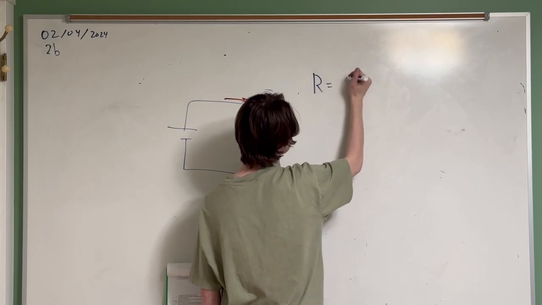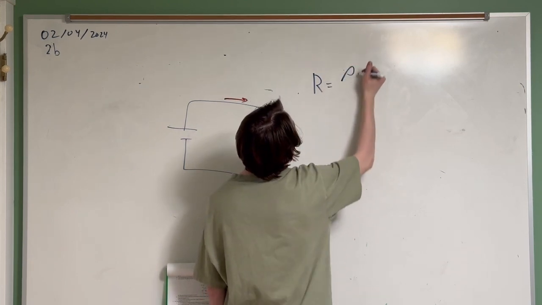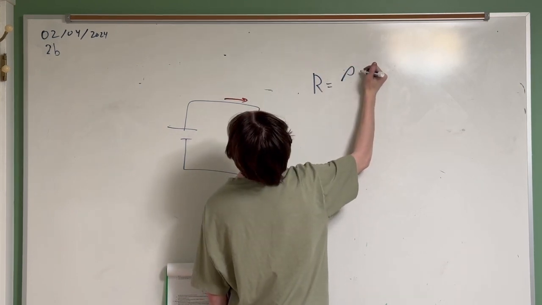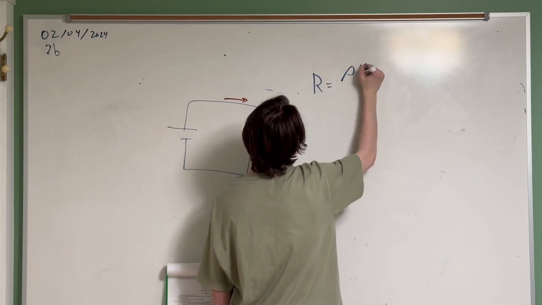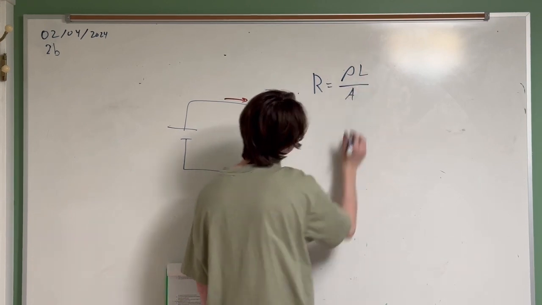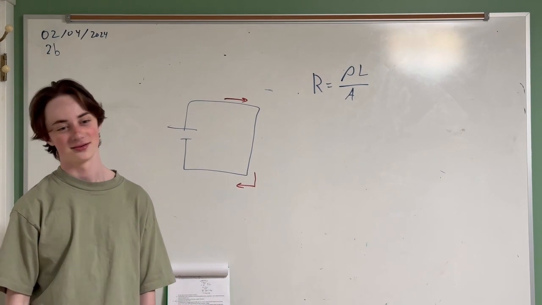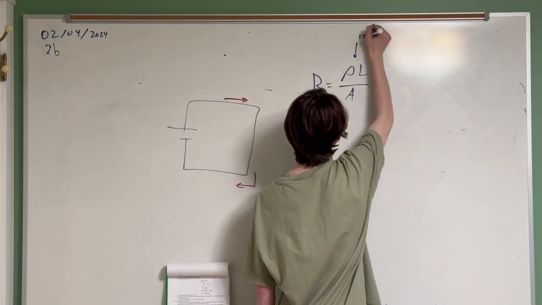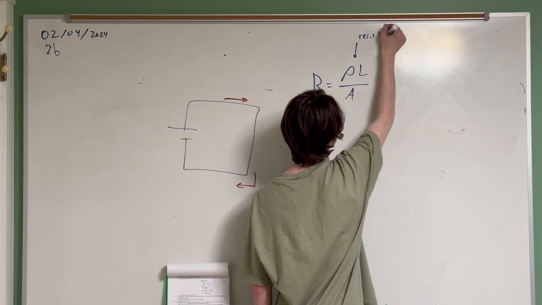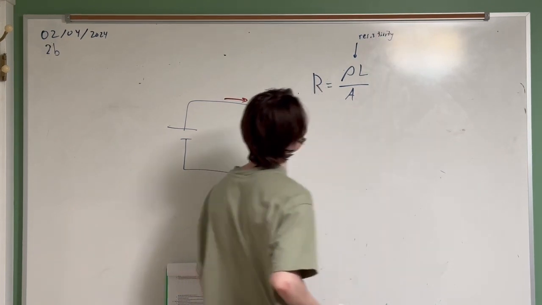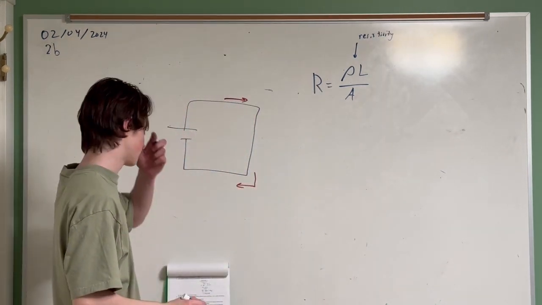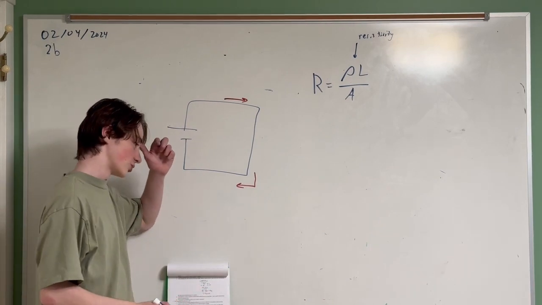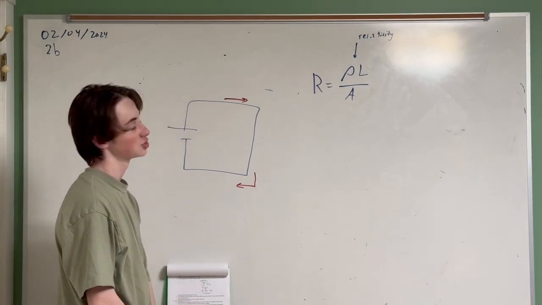Resistance is equal to resistivity times length over A, the resistivity of the wire material. So that rho is just random. It's not significant. It's not a charge density.